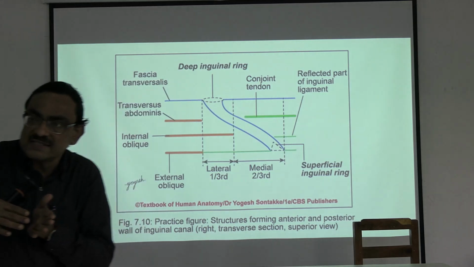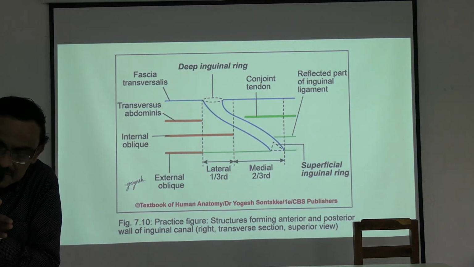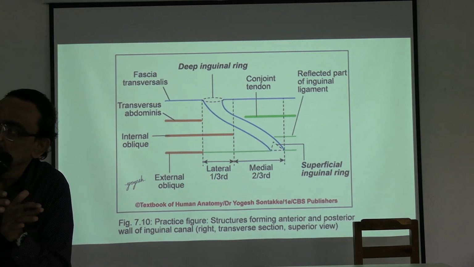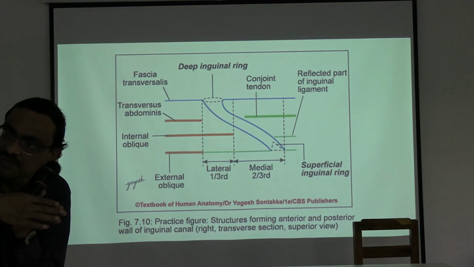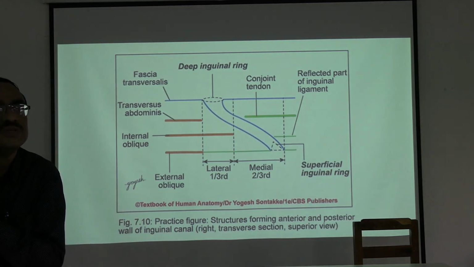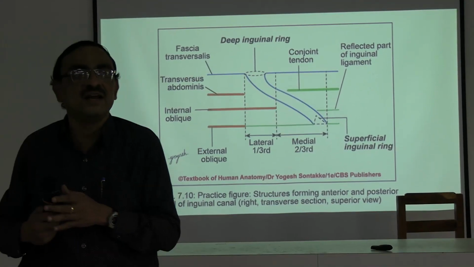So these two muscles get fused. Actually the aponeurosis gets fused and forms a single tendon, which is continued as the conjoint tendon.